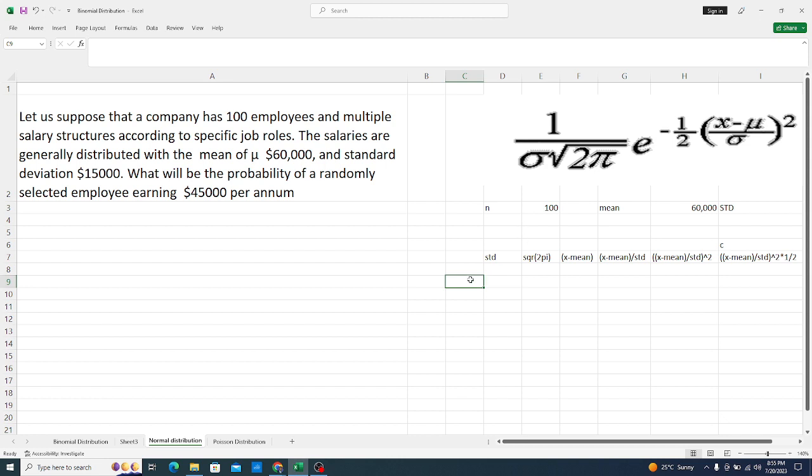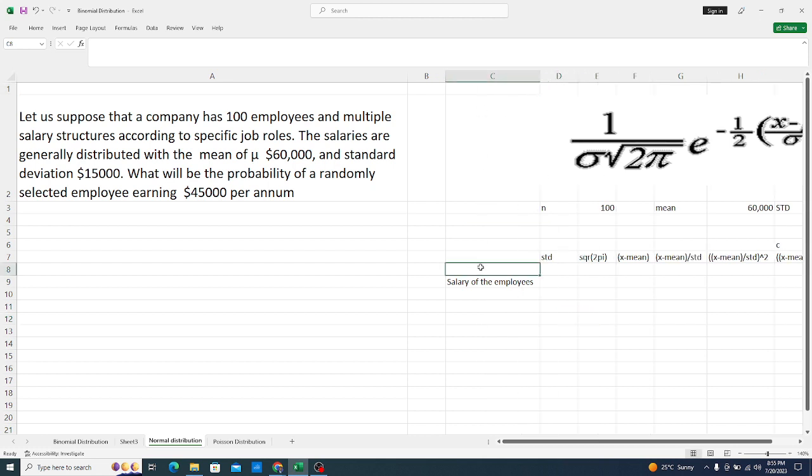So let's assume we have X. This is our X, meaning the salary of the employees. In this case, the salary of employees will be our X. So we might decide to start with, let's say, 10,000 US dollars.